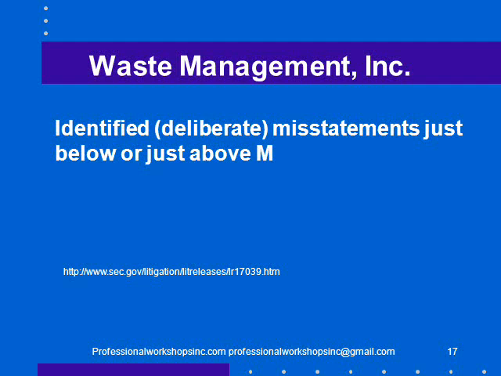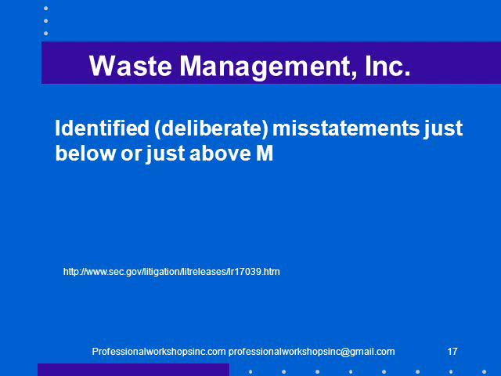An interesting object lesson in this is Waste Management. This was a fraud, or considered to be a fraud. You can read about it on the SEC website that I've noted there. The auditor identified what probably were deliberate misstatements made by management that were just below or just above the materiality level, and the client refused to correct them and promised that they would slowly correct it over a series of years.